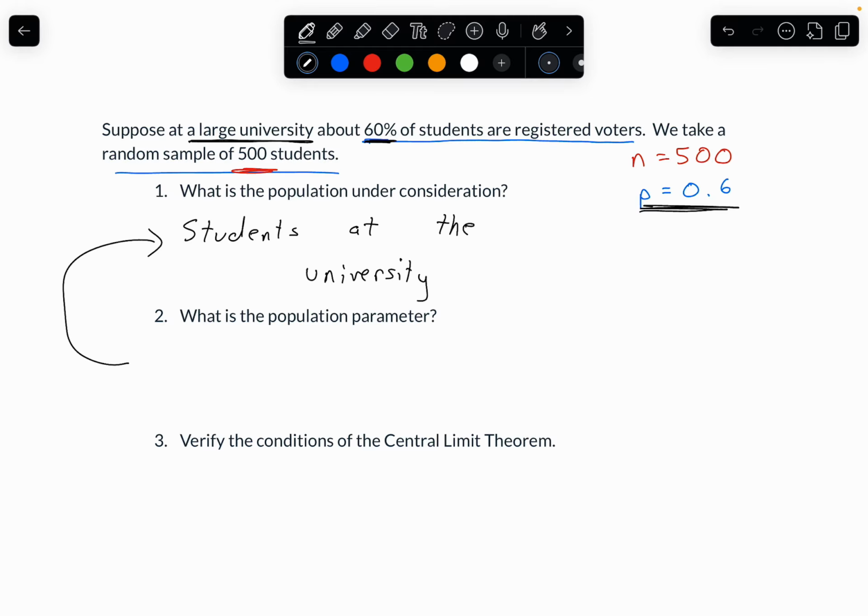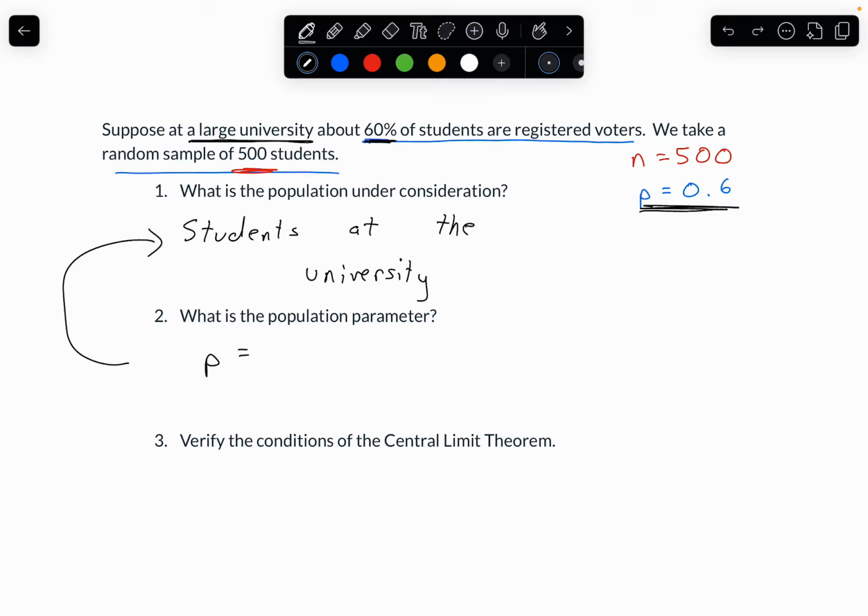In this case, we're given a percentage or a proportion. So the parameter that I'm going to use is p, which is the population proportion. And I also want to talk about what this is actually going to be describing. I do know that the value of p is 0.6, and we'll give that with our answer in just a moment. But I want to describe what that number is talking about.